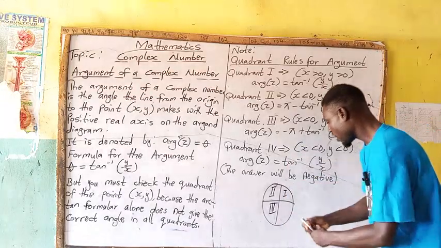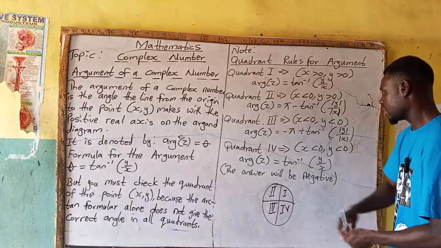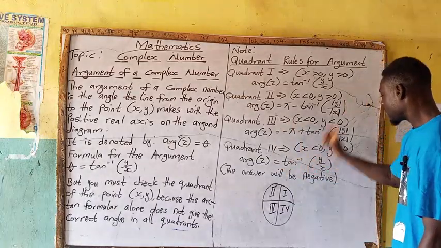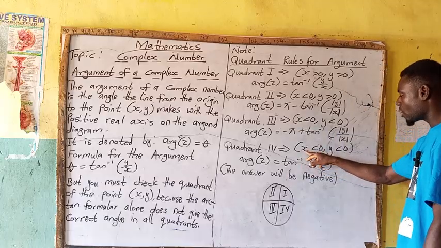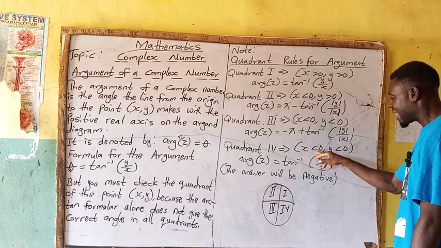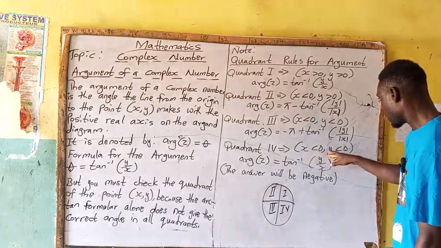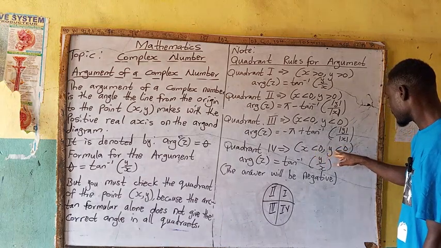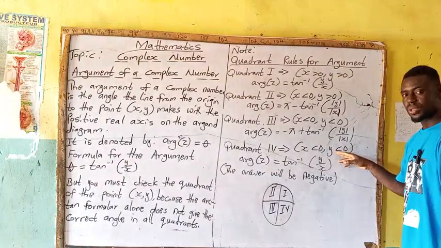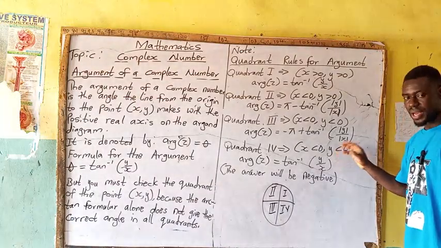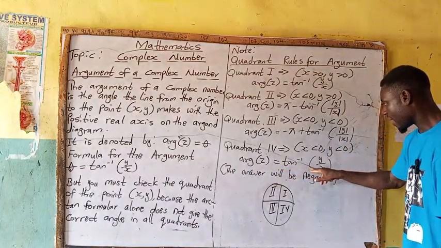Now let's go to the last quadrant. For you to know the last quadrant, x, which is your real number, must be greater than 0, and your imaginary number must be lesser than 0. Once that is so, you use this formula.